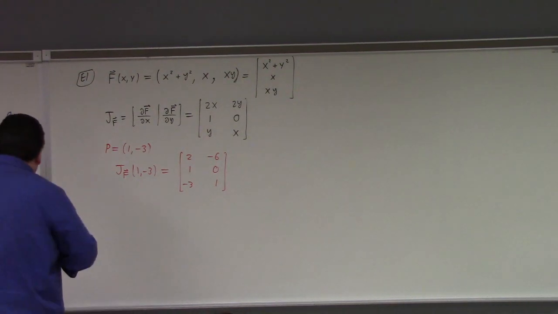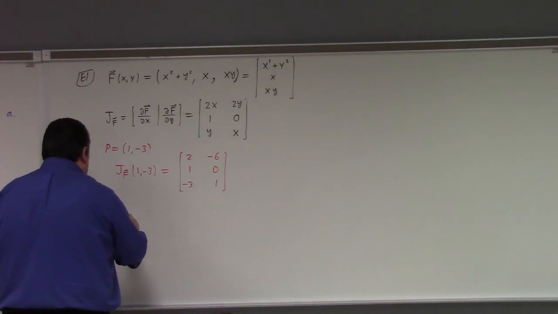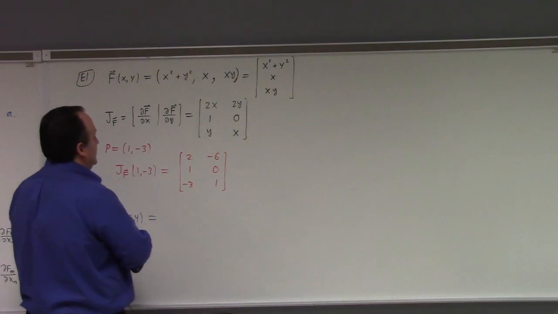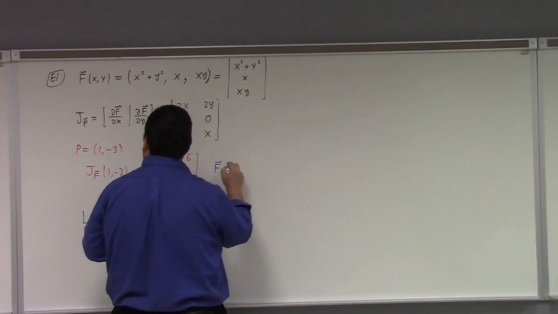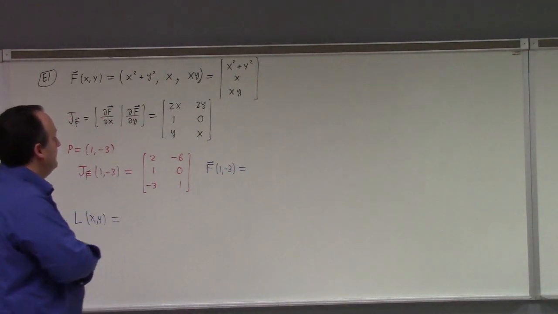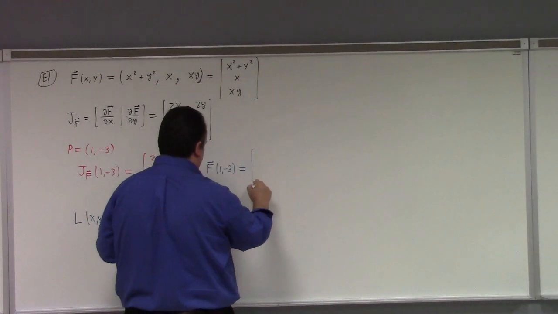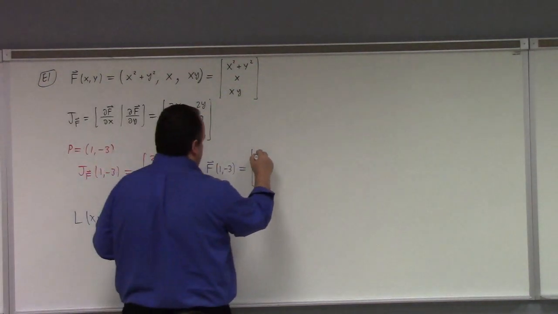And so the approximation, the linearization for this function at xy is equal to, oh, I need to figure out what's f of the point? What's f of 1 minus 3? I also need to figure that out, right? I like the 10.